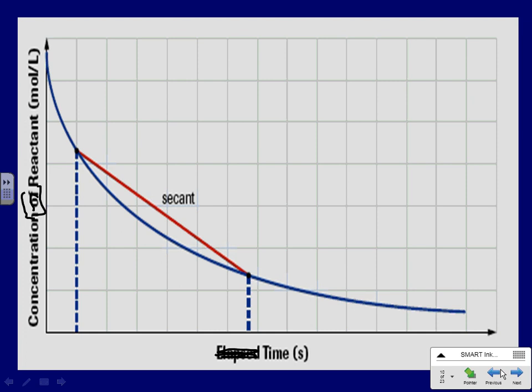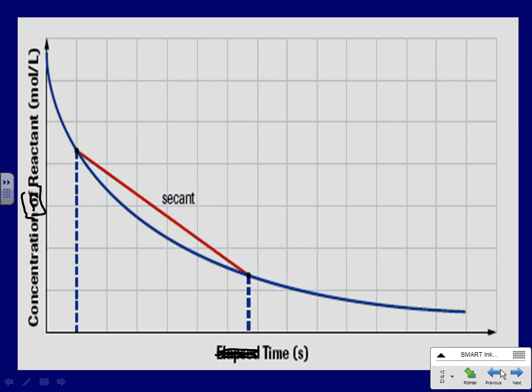Okay? And then just draw a line on there that touches 2 points. And that's what a secant is, a line that just connects 2 points. All right?